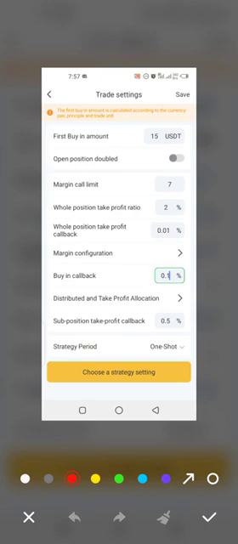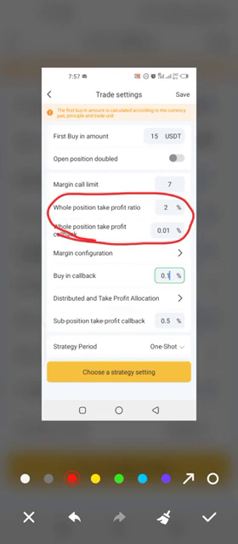Now, you need to also understand that this works on the first 4 layers: margin call 1, margin call 2, margin call 3, margin call 4. But the distributed take profit allocation works from margin call 5, 6, and 7, up to 100 margin calls.